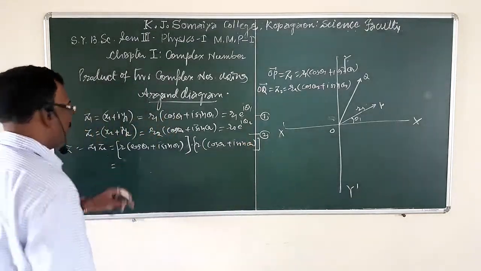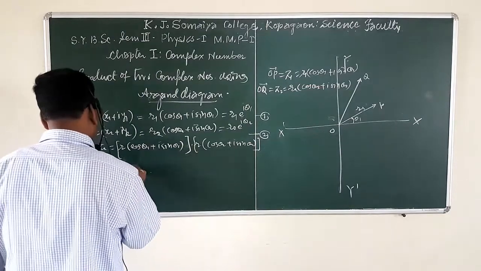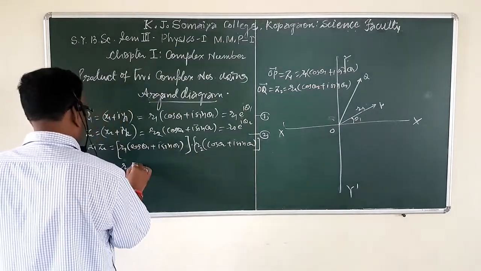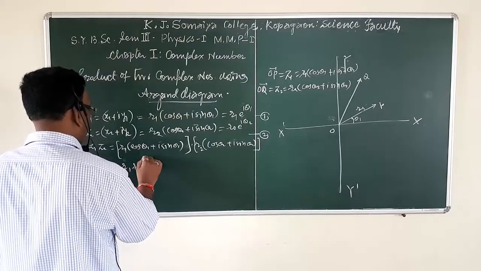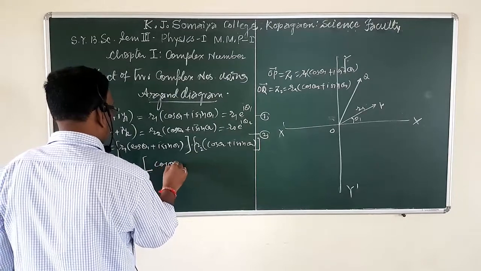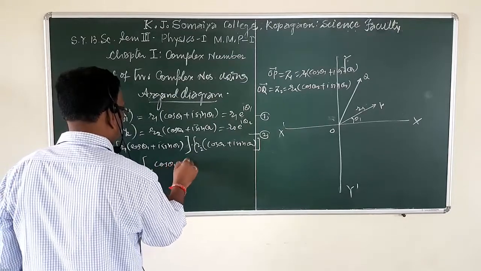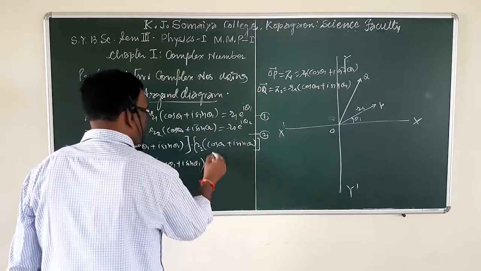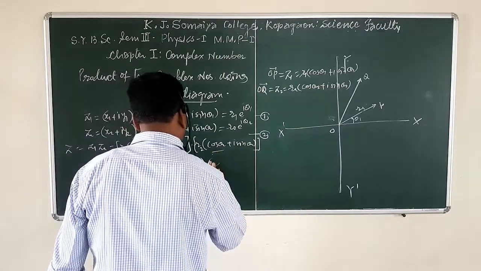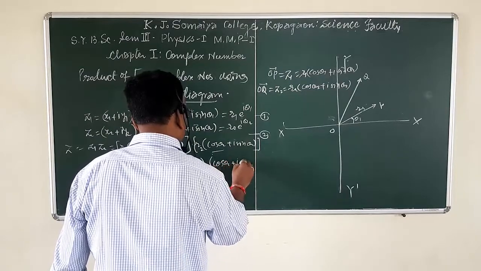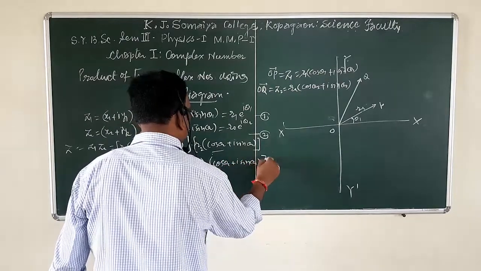When we solve this term, we get r1 r2 in bracket cos theta 1 plus i sin theta 1 into cos theta 2 plus i sin theta 2.